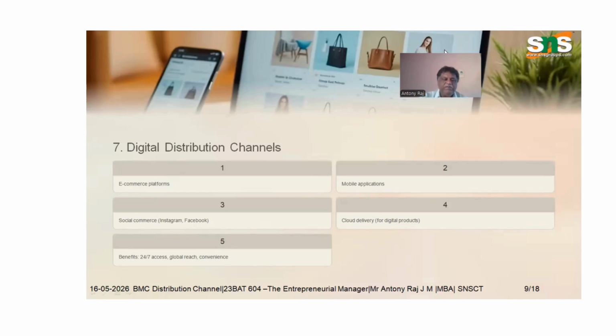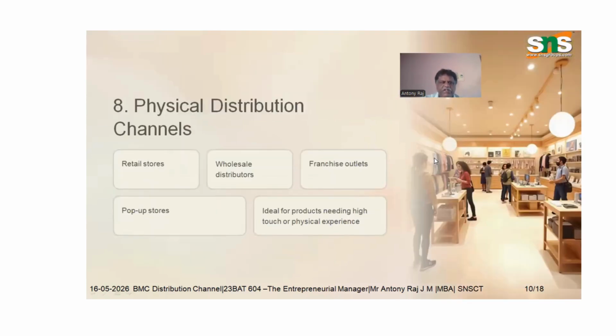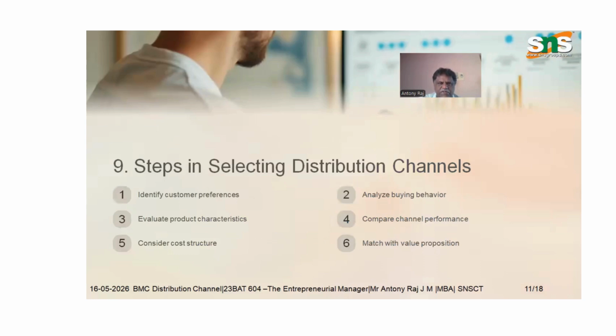The advantages are 24/7 access and global reach. Physical distribution channels include retail stores, pop-up stores, franchise outlets, and wholesale distributors. This is suitable where high touch and physical experience are very important for the purchase.